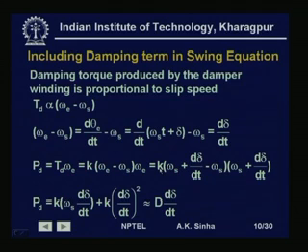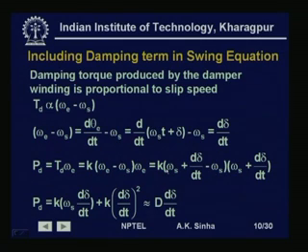This is equal to k times omega s plus d delta by dt minus omega s into omega e, and again we can write omega e as omega s plus d delta by dt.